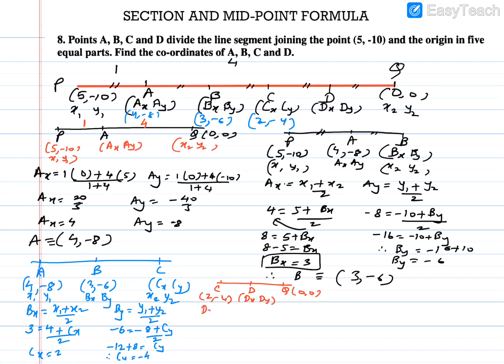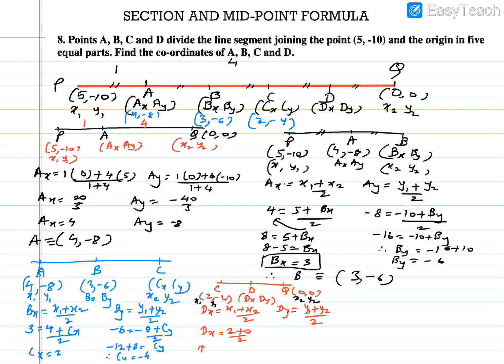Again I will use formula dx equals to x1 plus x2 upon 2 and dy as y1 plus y2 upon 2. So what is x1 and now this is x1 y1, this is x2 y2. So dx is unknown, x1 is 2, x2 is 0 upon 2.